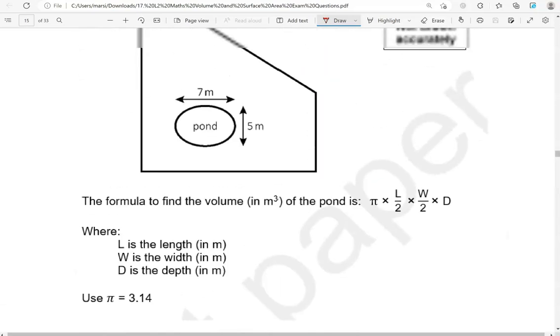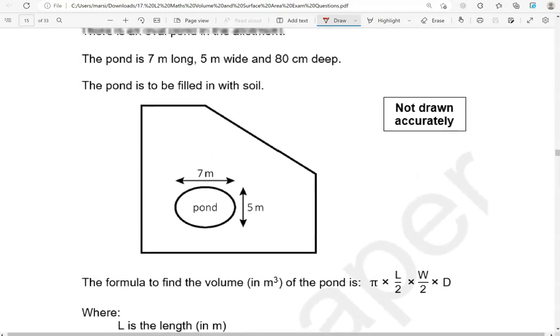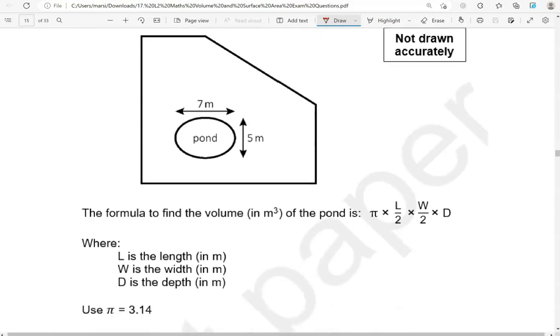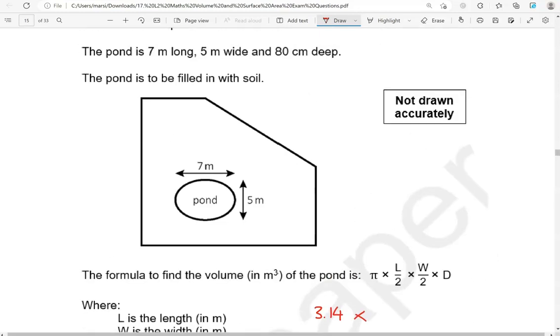So we'll work out the volume of the pond. We've got pi that's been given to us being 3.14 times L, which is the length, and that is 7 meters.